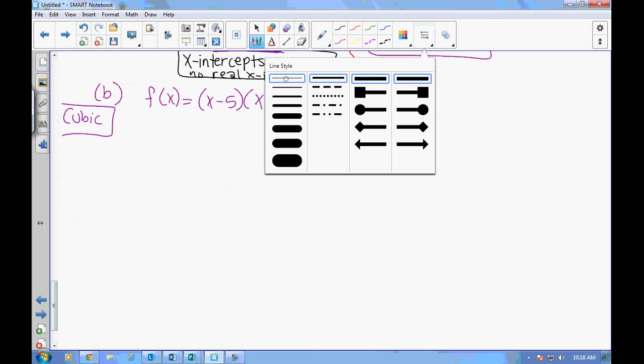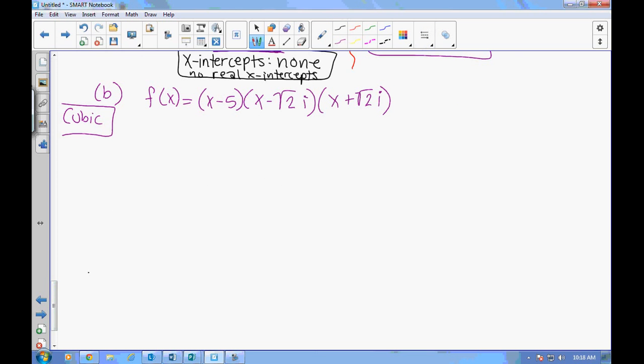How do we find zeros? Zero property. We take each of the factors and set it equal to 0. 0 equals x minus 5. What's that one going to be? Positive 5. 0 equals x minus root 2 i with the i outside of the root.